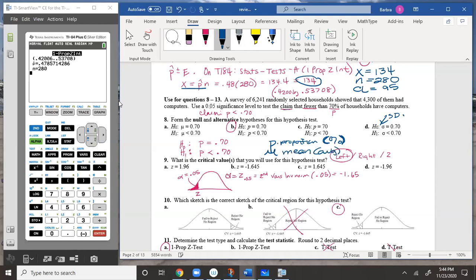And then the other parameter would be sigma, and that stands for the standard deviation, okay? So in this problem, the claim is about a proportion because they're giving us a percent. So it is P. Okay, so to set up the null, we always take the parameter P and set it equal to that number. So P is equal to 0.70. So that's the null. And the alternative hypothesis is P is less than 0.70.